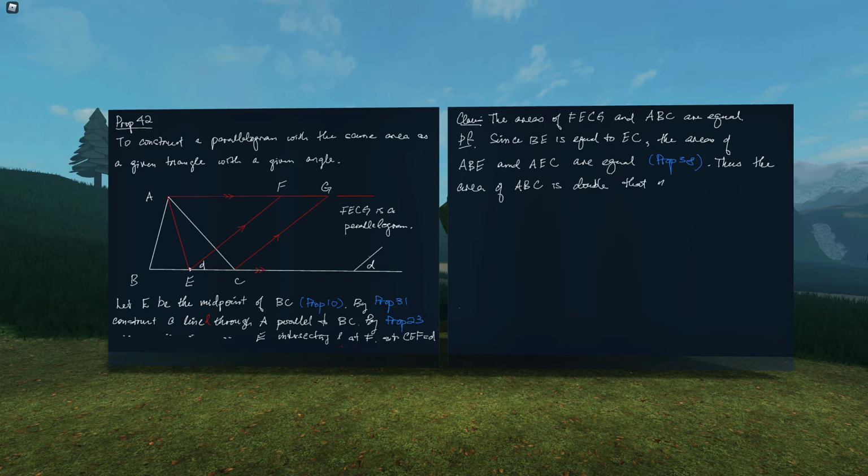That of AEC, right? So you've got ABC, which is made of two halves of two things which are equal. So ABC must be double any one of them. And so the parallelogram FECG is also double the area of AEC.